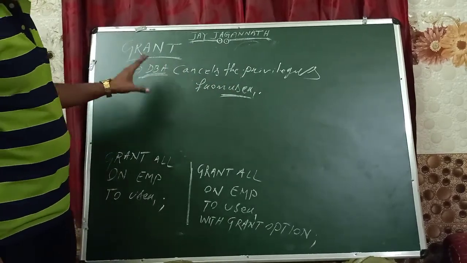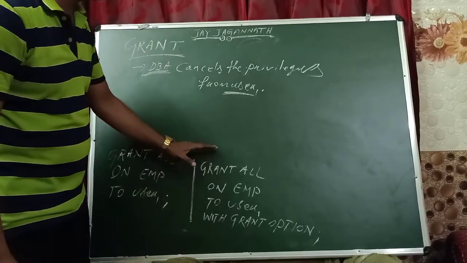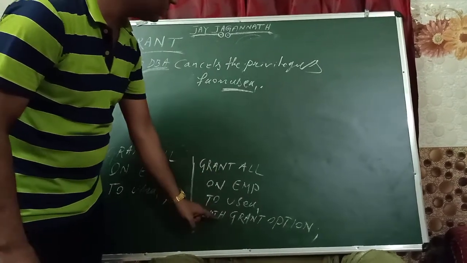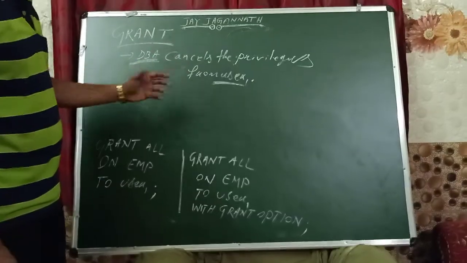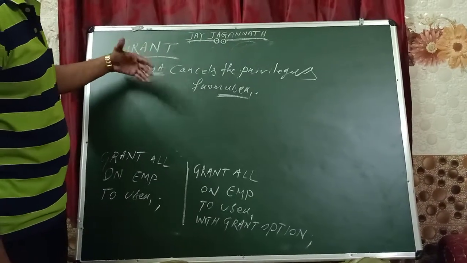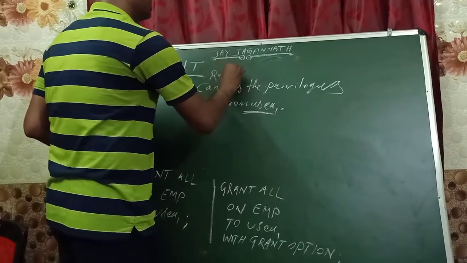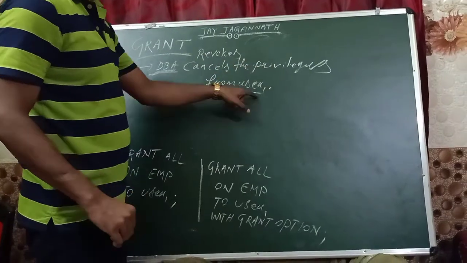Look at one again. Suppose the DBA uses this query, grant all on EMP to user with grant option. With grant option, what will be the problem? Suppose the DBA further revokes the privileges from user 1.